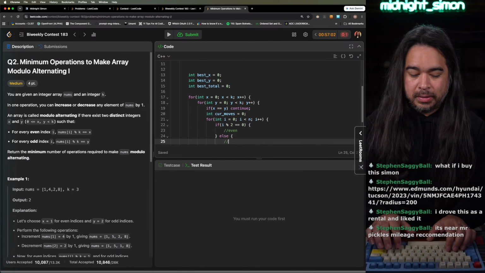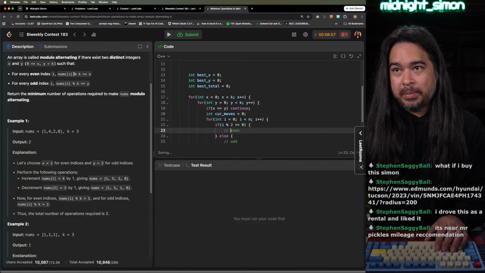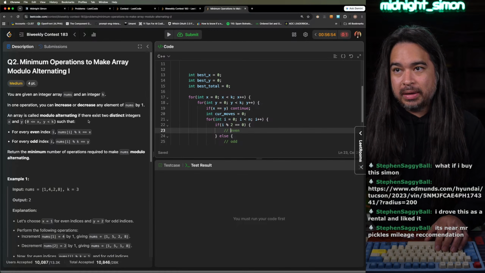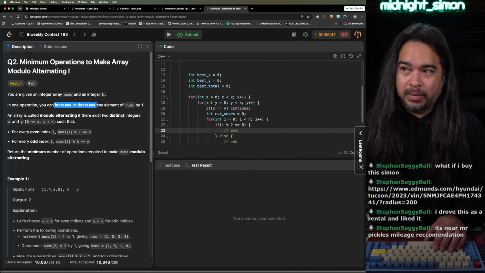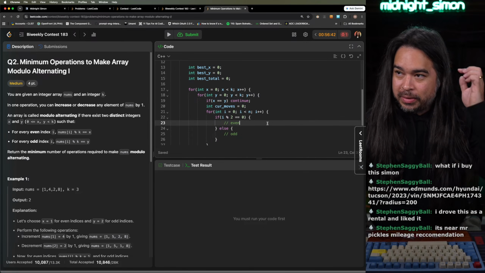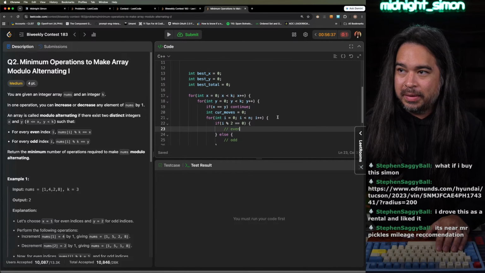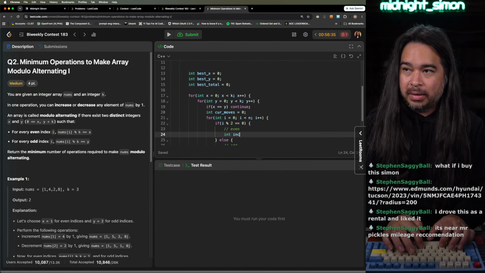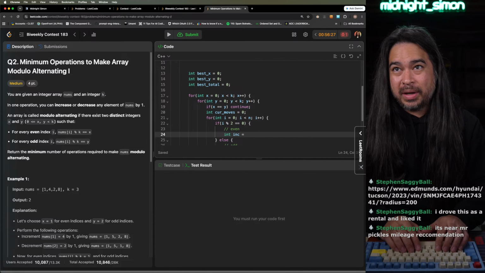If it's odd, do something else. So we gotta see how many moves it would take. Oh, we can increase or decrease. So that means we can potentially increase a number to get it to whatever X or Y value we're targeting. So we gotta see which one gets there easier. It's like how much to K, right?